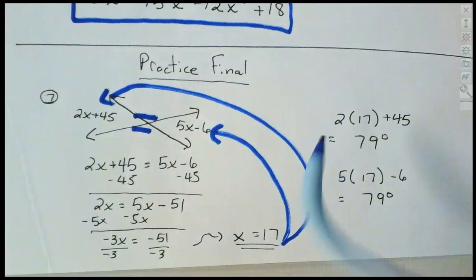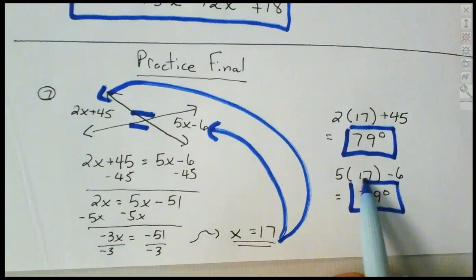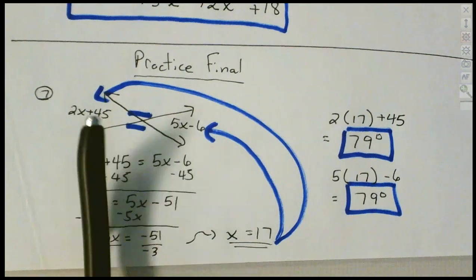So what is my actual answer going to be? These two numbers, 79 degrees. Not that. What happens is students sometimes get in a hurry and they stop here. And if you did this, you would probably get half to 3/4 of the points. To get full credit, you need to plug your values back in.